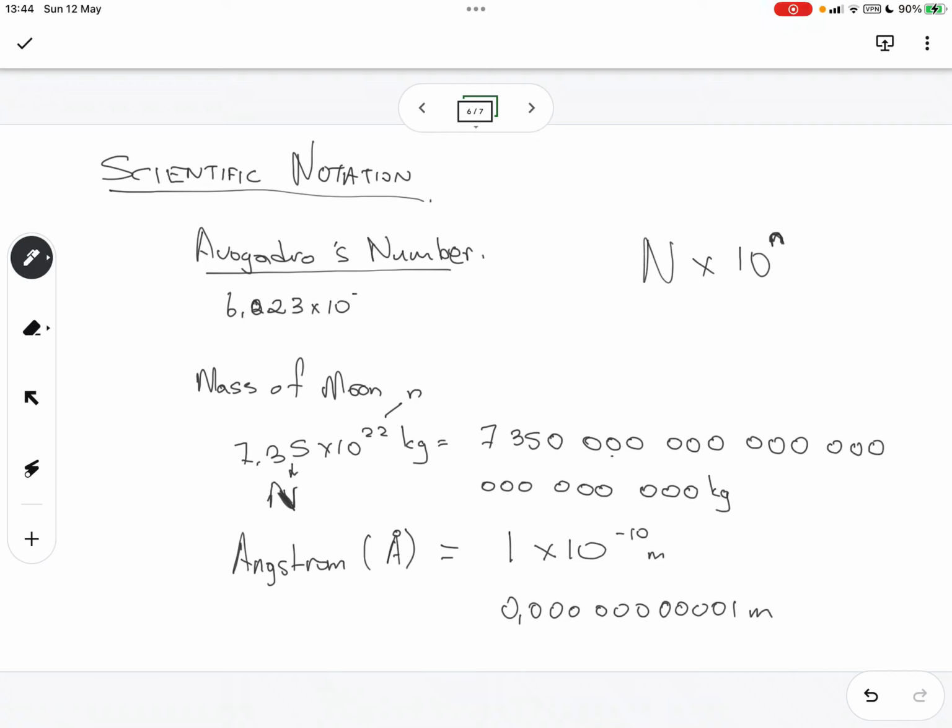Because 1 millimeter is 1 over 1,000 meter. This is 1 angstrom, right? Just go back to the previous slide. Slide 6, yeah.